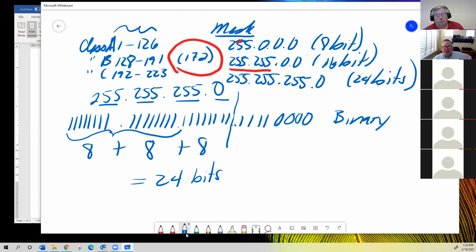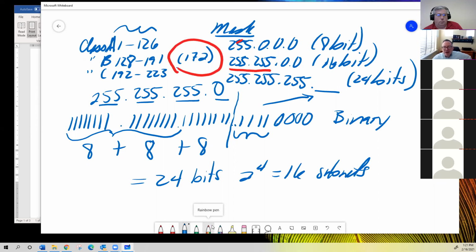Then those 4 bits, 2 to the 4, is going to be the subnets. 2 times 2 is 4, 4 times 2 is 8, 8 times 2 is 16. This is going to be 16 subnets.